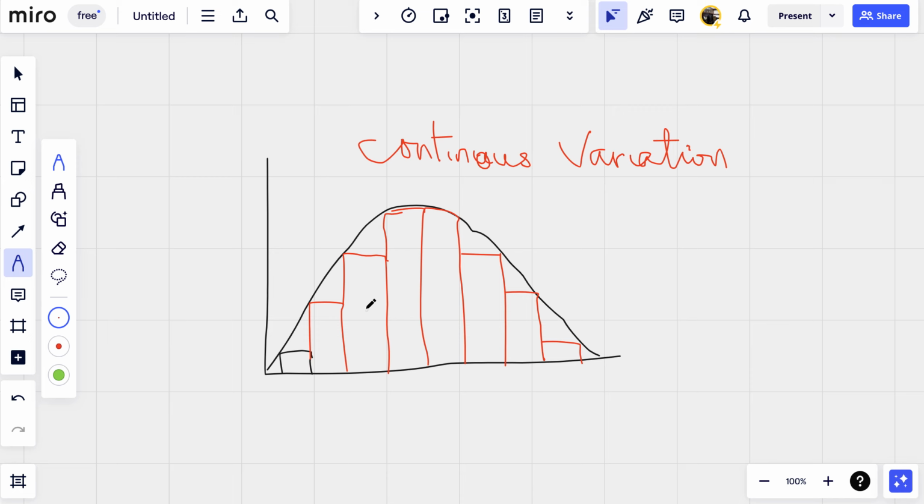So you plot the height of students in a class, or the weight of students. You put the height here and the number of students here. When you plot it in a graph, you get what we call continuous variation.